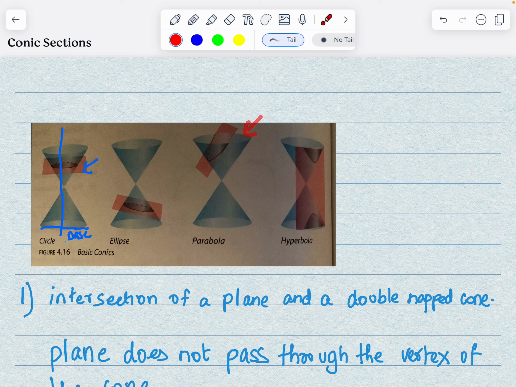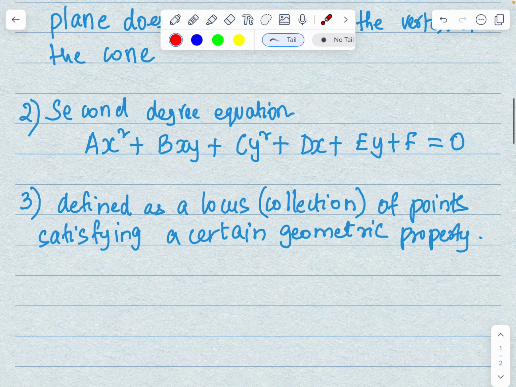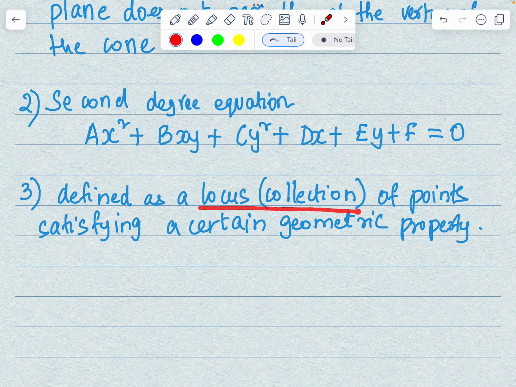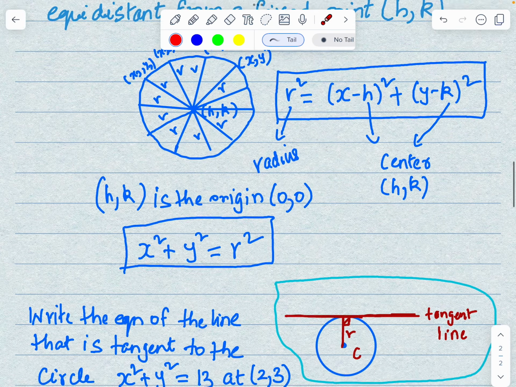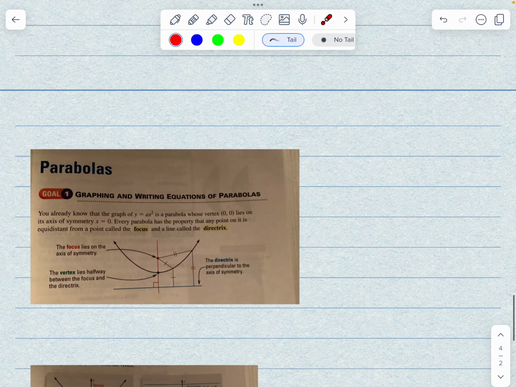you get the parabola. Now again, let's go back to the definition of the one with the locus, right? What is that definition for parabola? So with parabola, what we learned so far, what do we know?